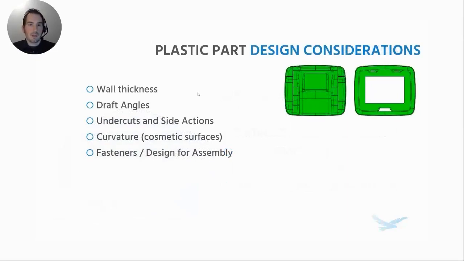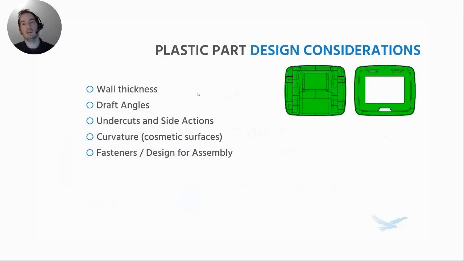If you've never had to design a plastic part before, injection molded part specifically, a lot of these rules can apply to 3D printed parts too, but I'm sure a lot of you know that with 3D printing, you can do a lot crazier things. But for plastic injection molded parts, you hear these rules of thumb a lot. We want to maintain a more or less constant wall thickness.